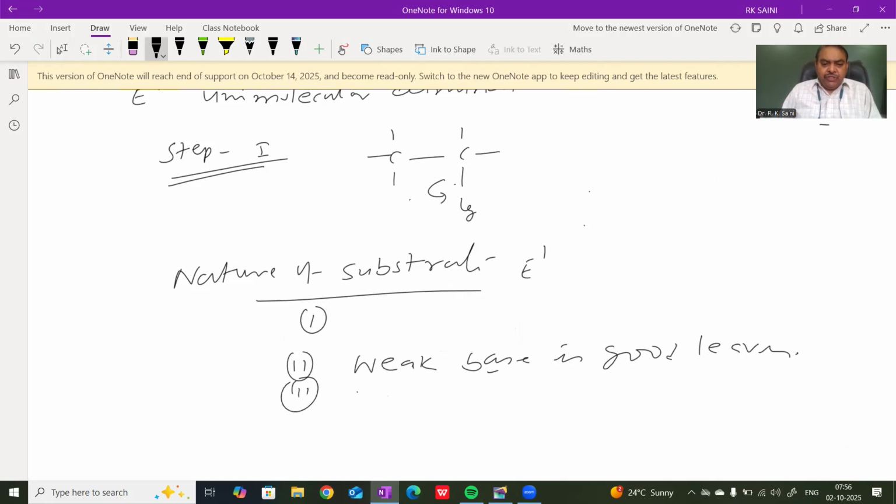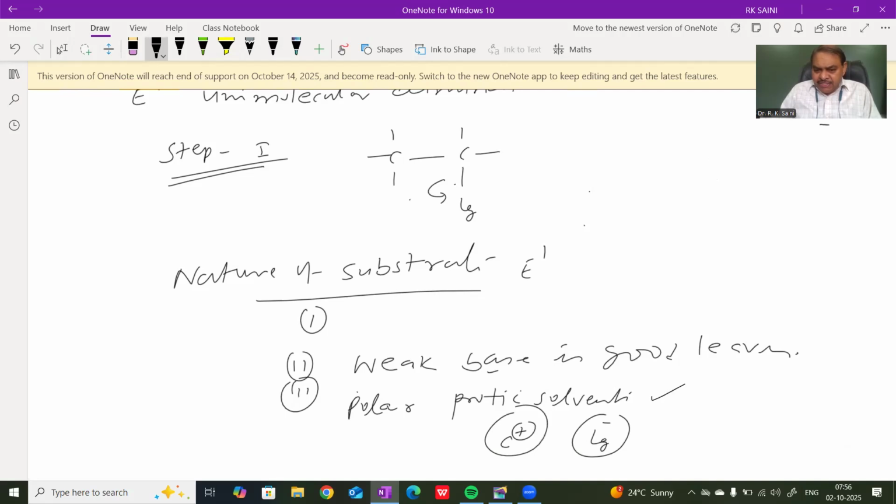Third condition, polar protic solvent. Polar protic solvents are suitable for E1 reaction because the carbonium ion as well as the anion of the leaving group are both solvated in such type of solvent, or we can say both become stable in polar protic solvent.